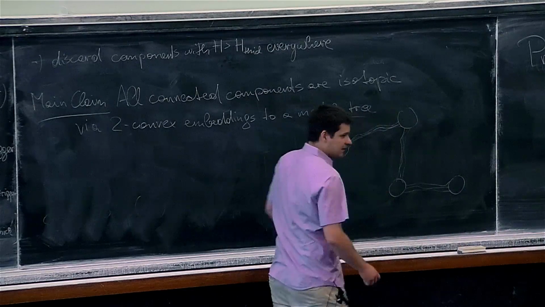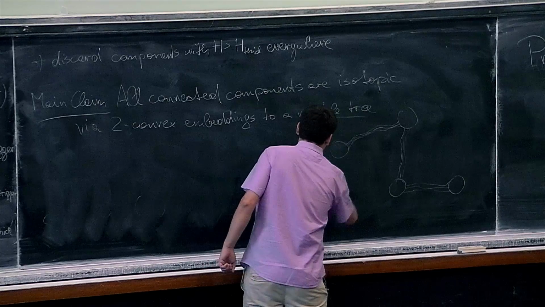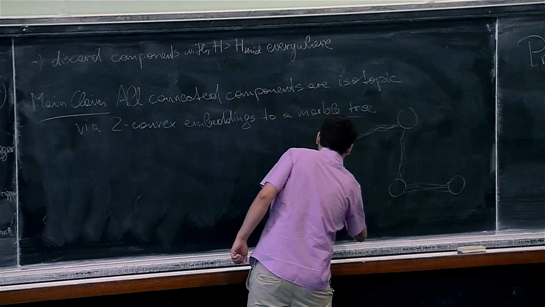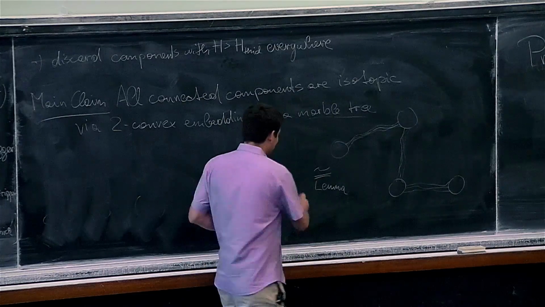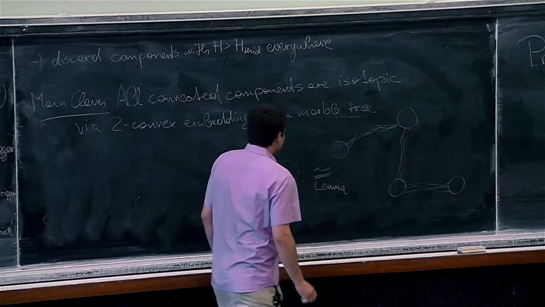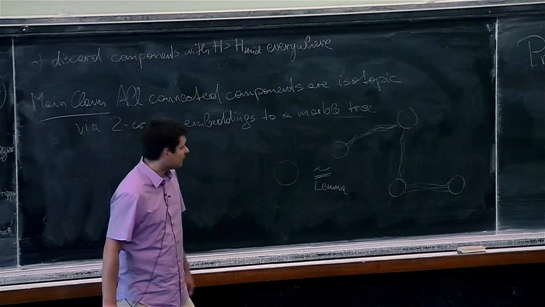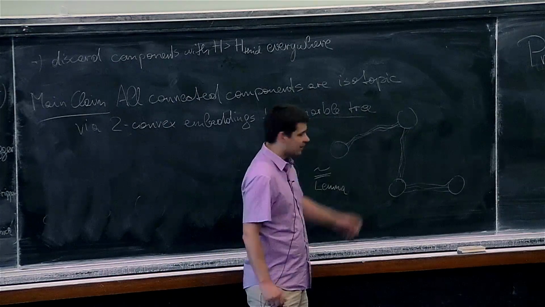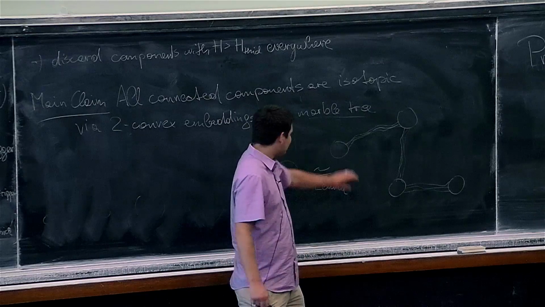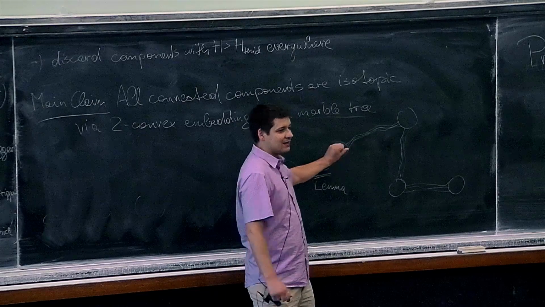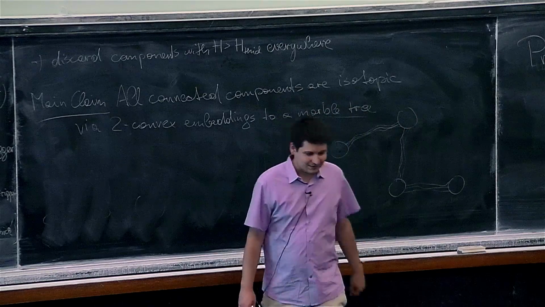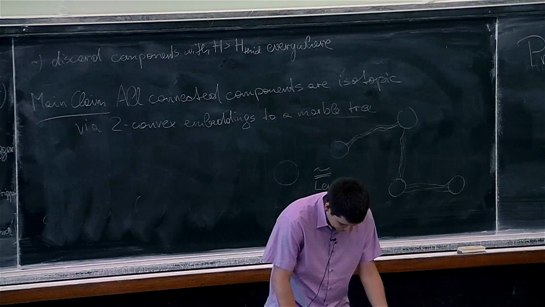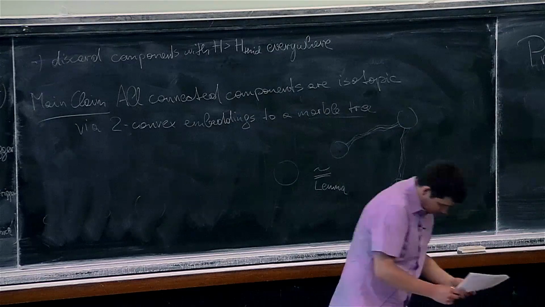Okay, so something like this is a marble tree, and then it's a lemma. We prove that any marble tree can be deformed via two convex embeddings to a round sphere. So you see how this goes. So you do induction on the number of marbles. So you pick a leaf, shrink the leaf, contract the tentacle, and that's about it.